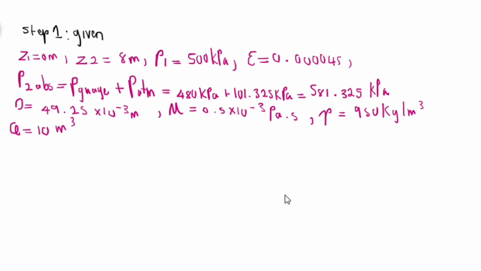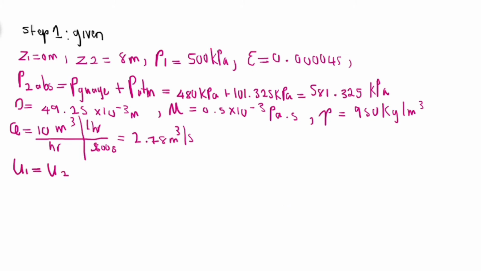I am going to do a nice conversion here. We know that in 1 hour we have 3600 seconds, therefore if you punch this into your calculator, you should get the flow rate in meter cubed per second. We can assume that the speed at point 1 will be the same as the speed at point 2, and we know that speed can be represented using volumetric flow rate over area.